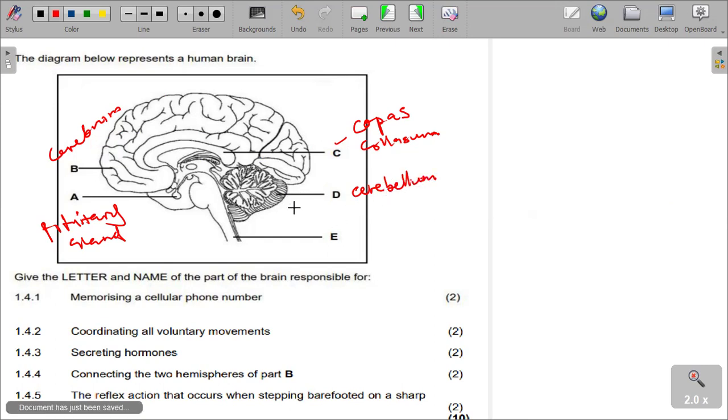On the cerebellum, there is the white matter inside, which is not labeled, but we can label it there. And then the outer layer, the grayish one, is the gray matter.